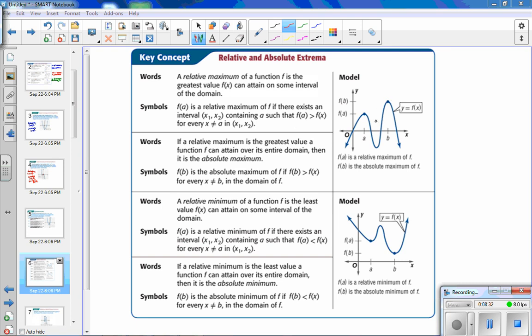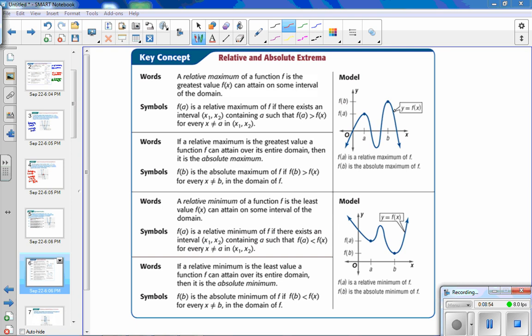But if you look at point A, and specifically the height at f of A, you'll see that we have a maximum. We call this a relative maximum because if you look at the points on either side of A, you can see that the heights are a little lower. So relative to the points around it, f of A is a high point.